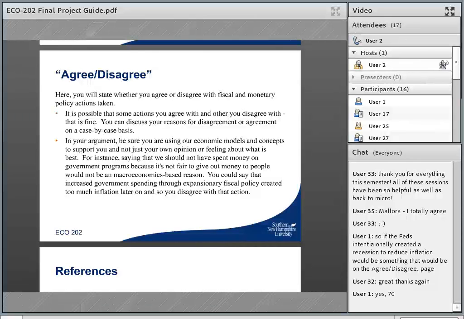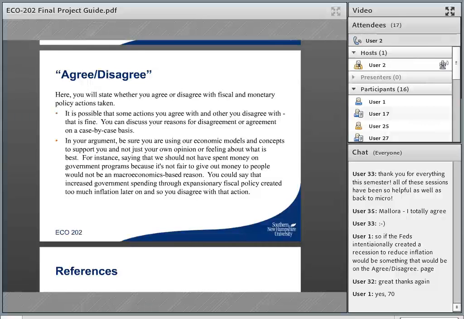So Donna has a question. If the Feds intentionally created a recession to reduce inflation, would that be something that would be on the agreed to? Yeah, so absolutely, Donna. I think you said the 70s, but I think the policy you're referring to was technically the 80s, or 80, 81, that time frame.